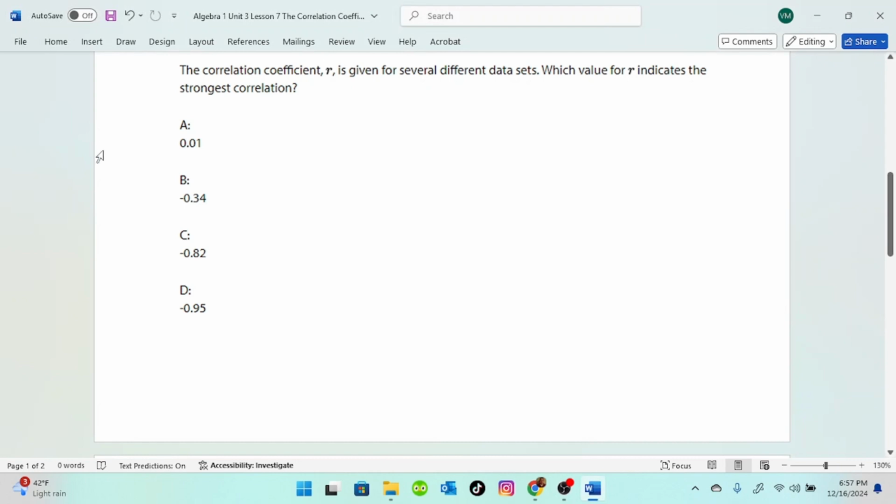All right, our next practice problem: the correlation coefficient R is given for several different data sets. Which value for R indicates the strongest correlation? So here's where we go back to that definition of correlation coefficient in the PowerPoint that we started with.